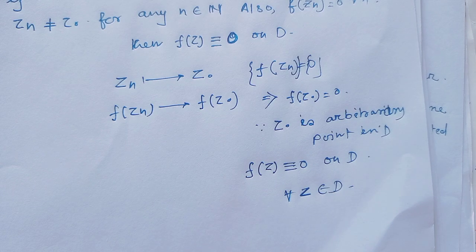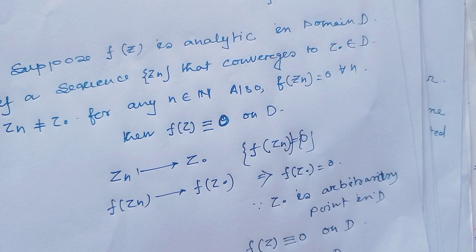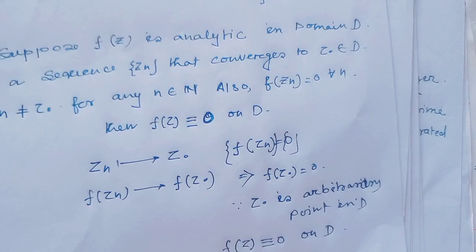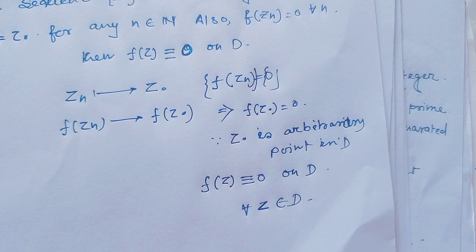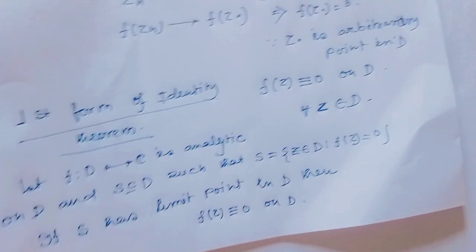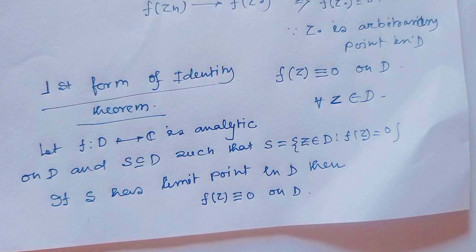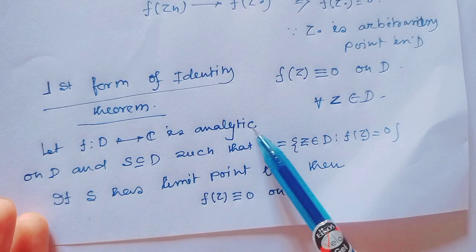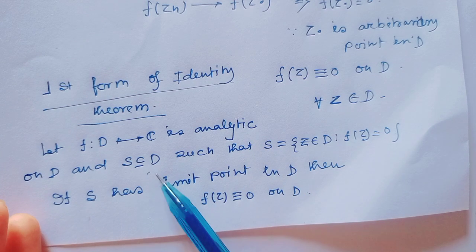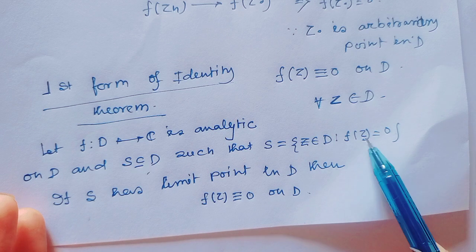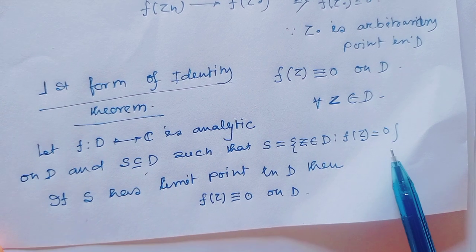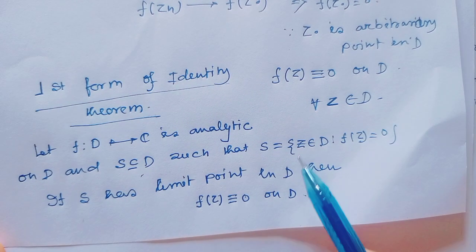Okay, this is the sequential criterion. f(z) is identically equal to 0 on the domain D. The first form of the identity theorem: f defined from D to C, and S contained in the domain D such that S equals the set of z belonging to D such that f(z) equals 0.